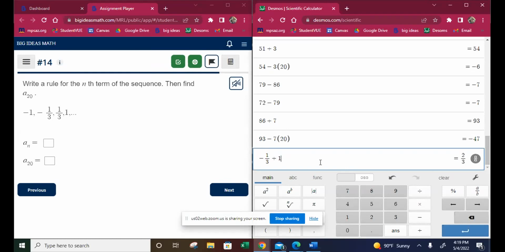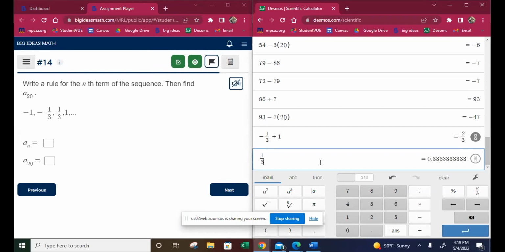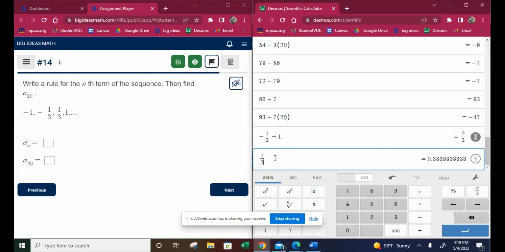Let's do one more. Plus. Oh, you got it in the bad spot there. There it is. Okay. Yep. So your common difference is 2/3.